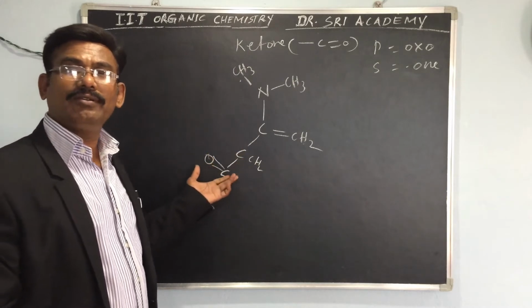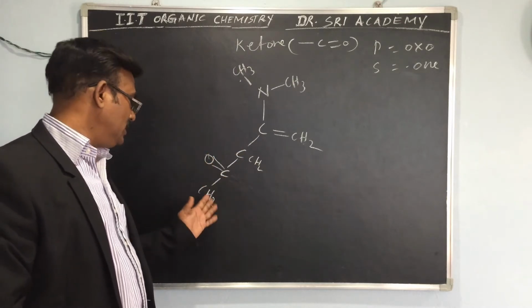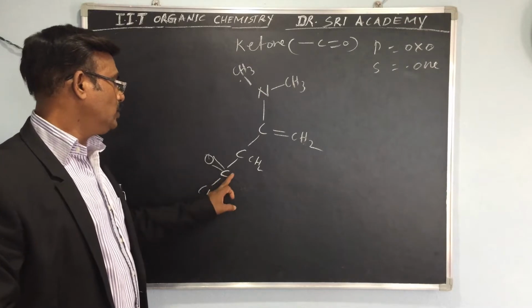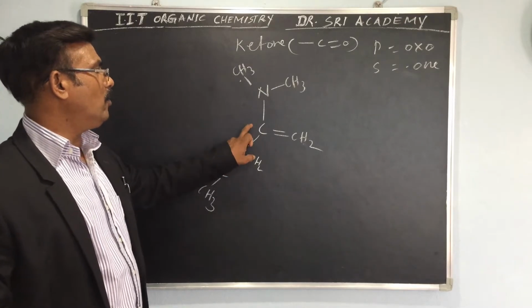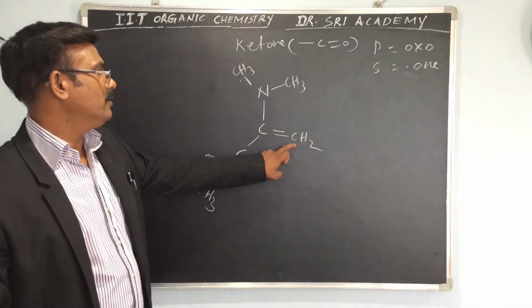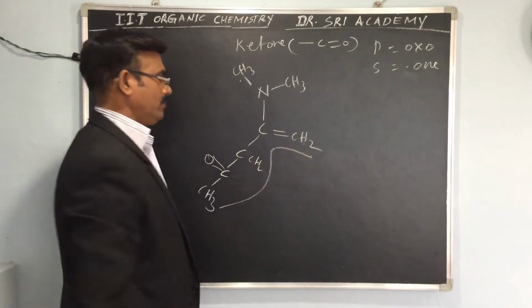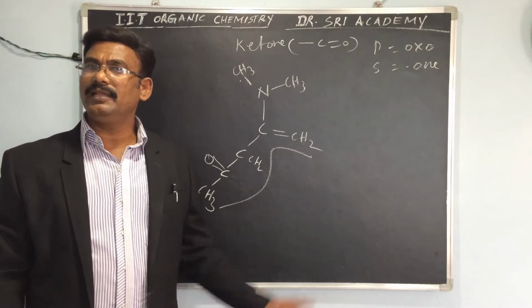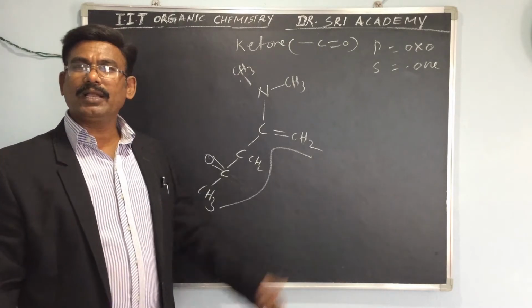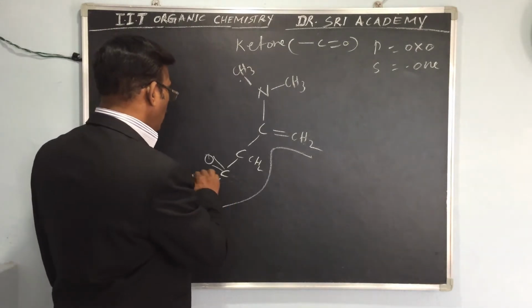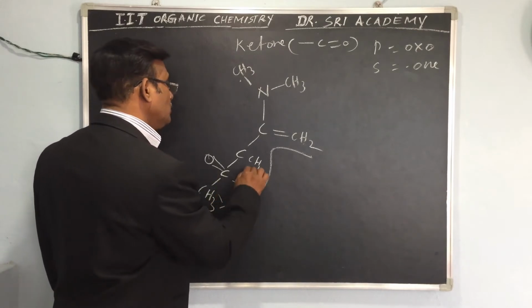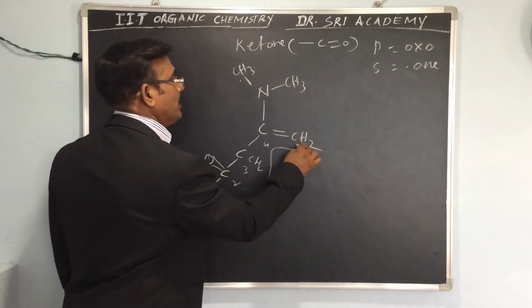So we have to give the starting number from this one. So 1, 2, 3, 4, 5. 5 carbons. The chain is this one.